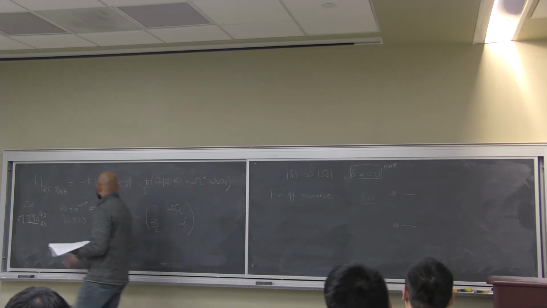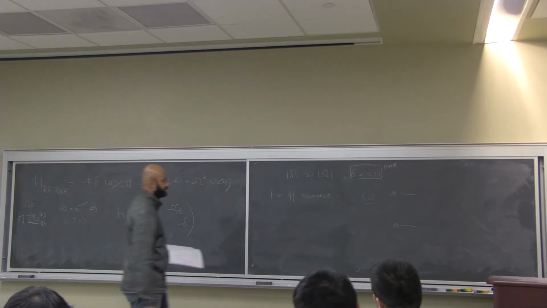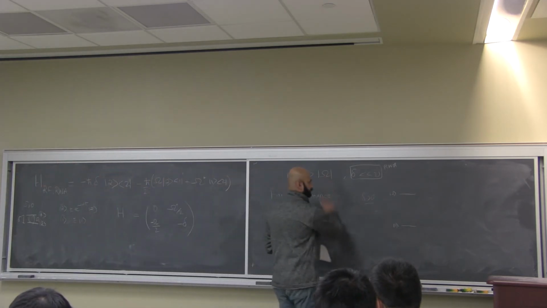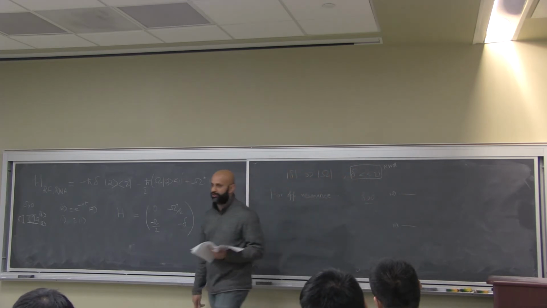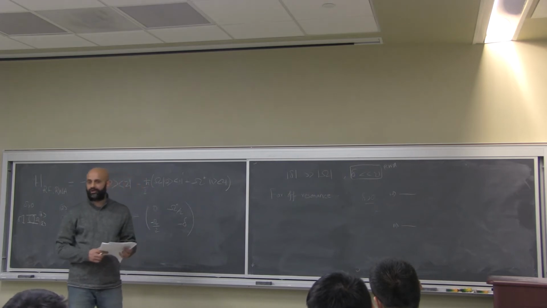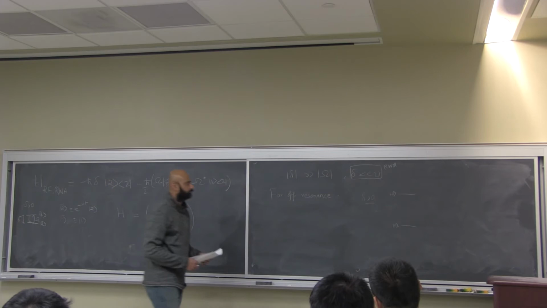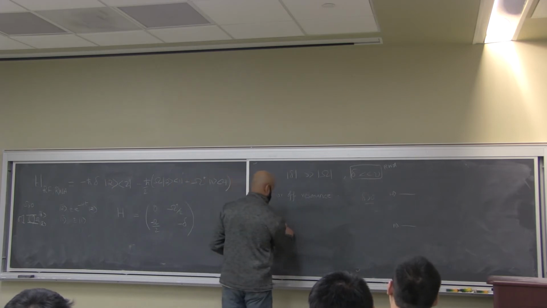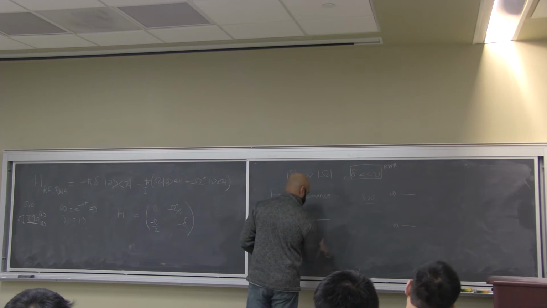This is more for the case where delta and omega are comparable. Now I'm asking for the other case, where delta is far greater than omega. What happens to the states when blue detuned? Which way do they shift? What happens to state 1? What happens to state 1 for red detuning, delta less than 0?